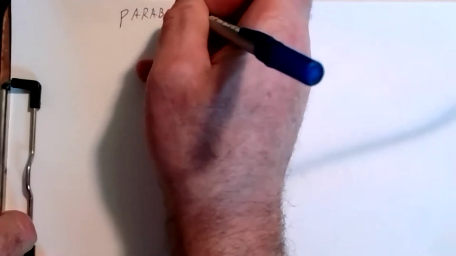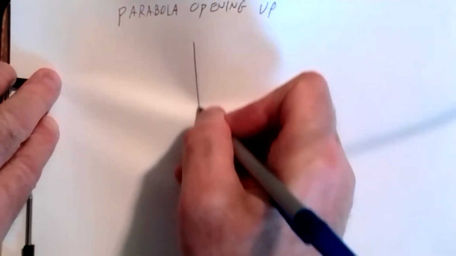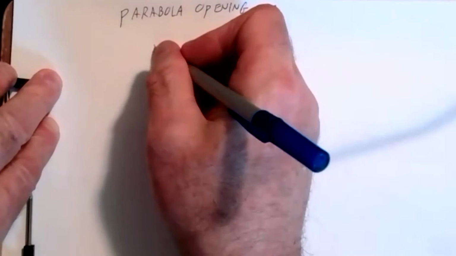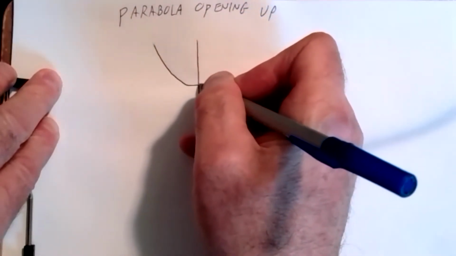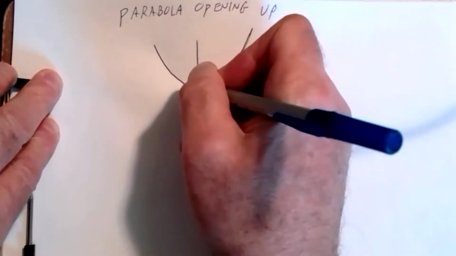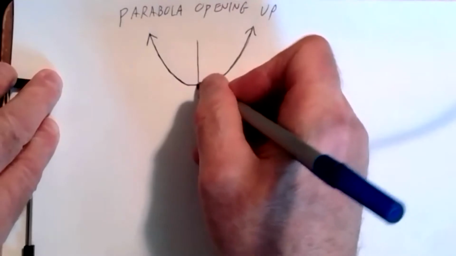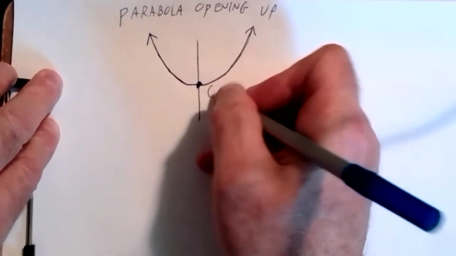All right, let's look at the parabola that opens upwards. The parabola that opens upwards, ladies and gentlemen, is going to look like this. The minimum point or low point on the graph is called the vertex point.